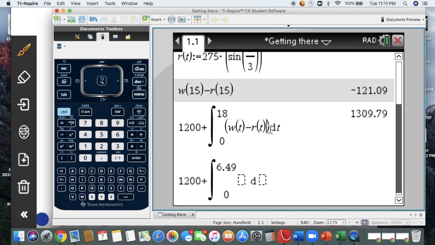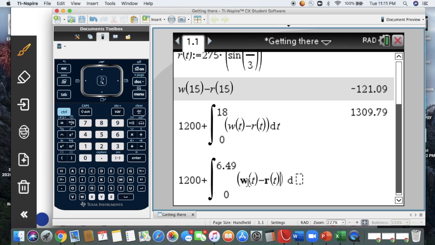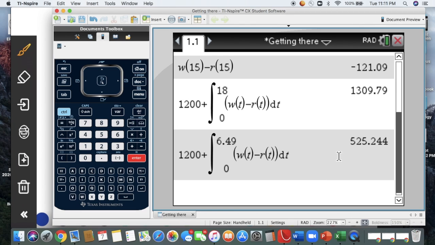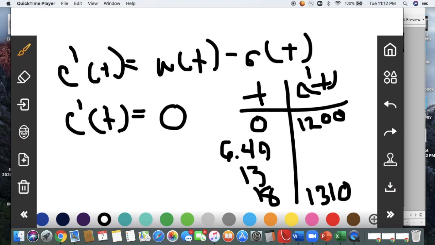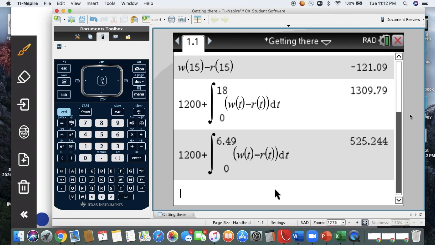We're looking for this, so we can even highlight that. And we'll say this in respect to time, right? And we get 525. So at time equals 6.49, we get 525. And then the same thing for 13.